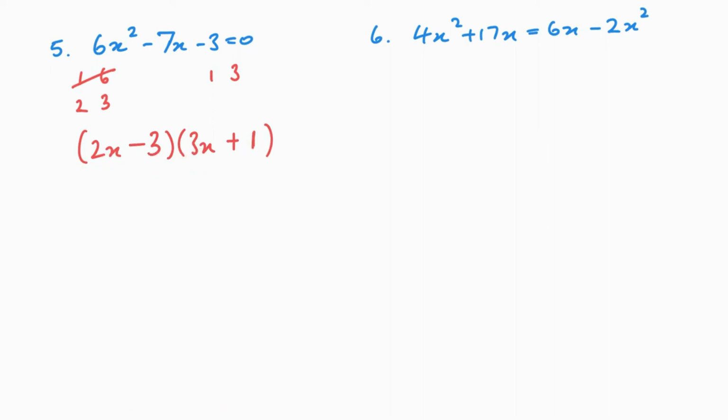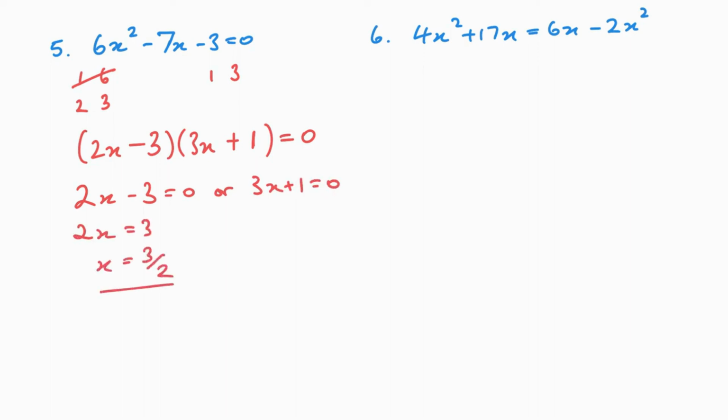Then it's obviously equal to 0, so 2x minus 3 equals 0, or 3x plus 1 equals 0. So we've got 2x equals 3, x equals 3 over 2. 3x equals minus 1, x equals minus 1 over 3. And there are my two answers.